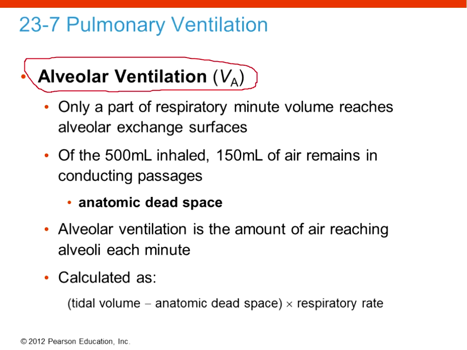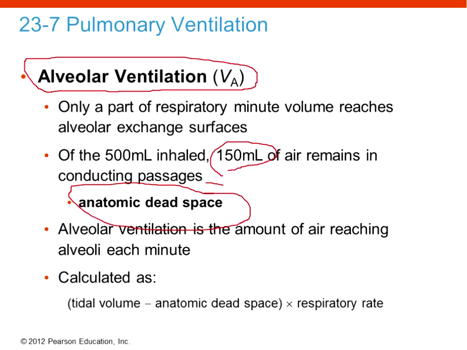Because you have the lung, and you have the branching, and you have the trachea, and you have your mouth, right? Not all of that is going to make it down. And so we call that area where it doesn't actually get all the way down to the alveoli anatomic dead space. So for instance, of 500 mL of volume of air that you breathe in, about 150 mL is going to remain in those conducting passages, right? It's kind of like when the ventricles contract, right?